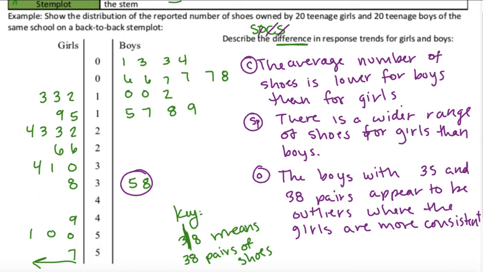And so now we've addressed these three, and the last one would be shape. So if we looked at shape, this one, okay, if I turn my head so that I have the lower numbers here and the higher numbers here, this would be skewed right. Boys' shoes are skewed right.